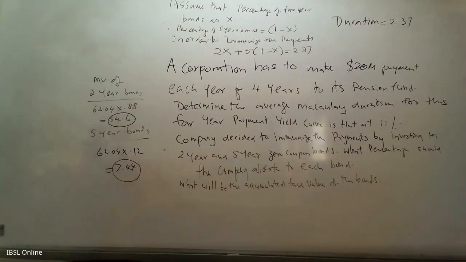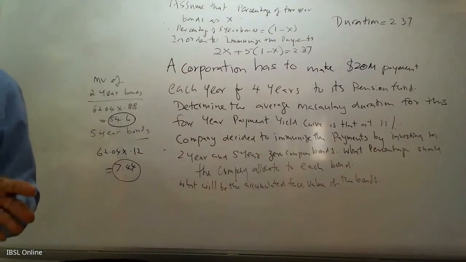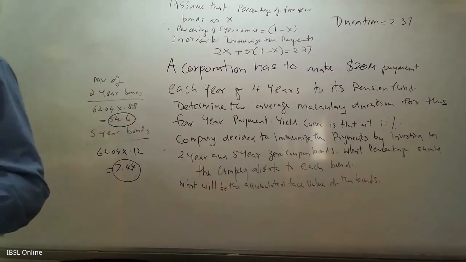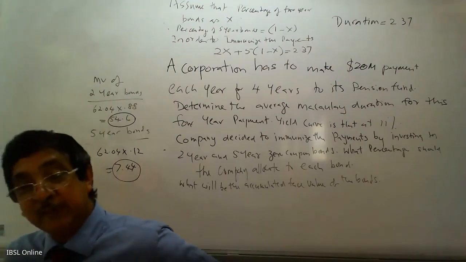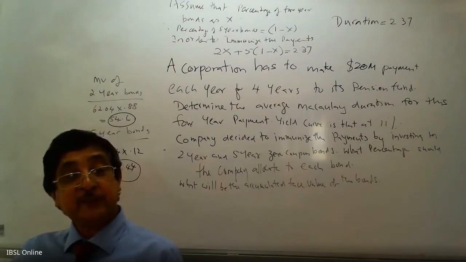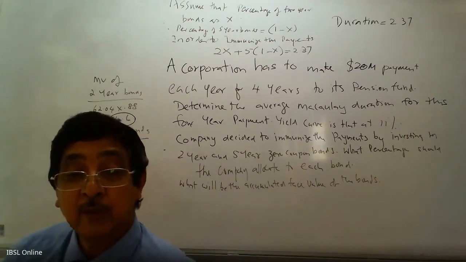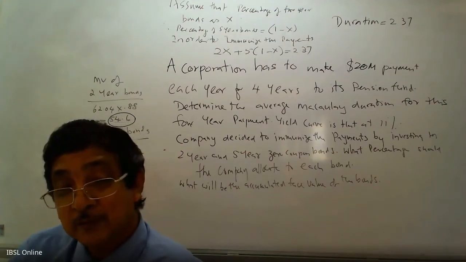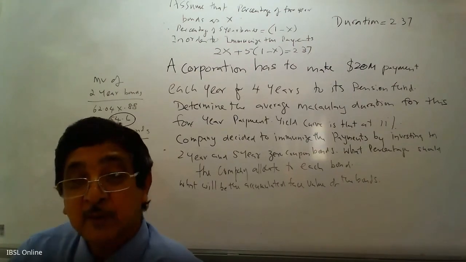But what the question asked is, you have to find out the face value of these bonds. Face value. Now, how are we going to get the face value through the market value? Now, this bond is a 2-year bond. Its market value is 54.6. And how are we going to get the face value? The yield is 0.11.